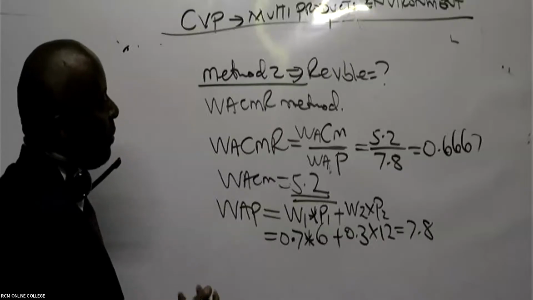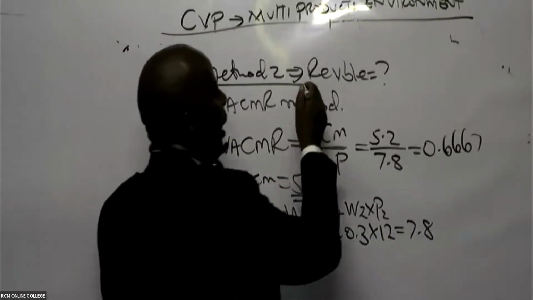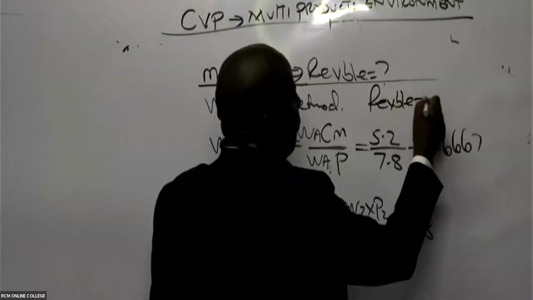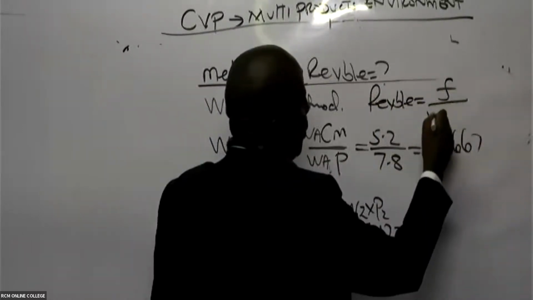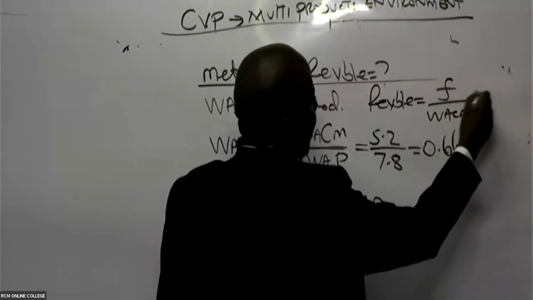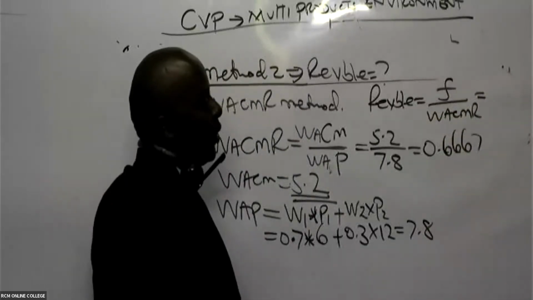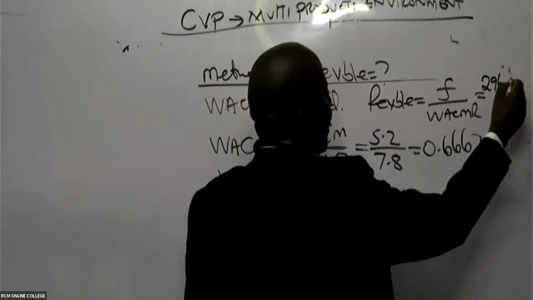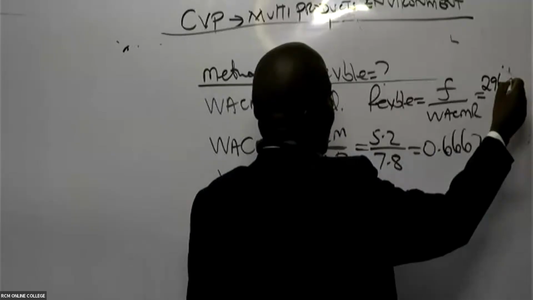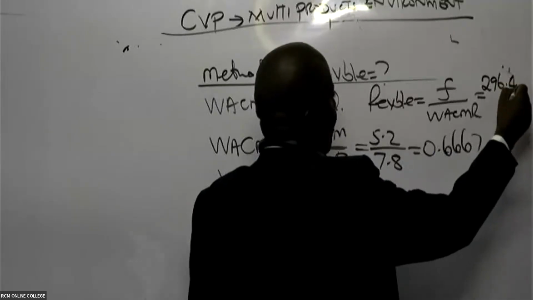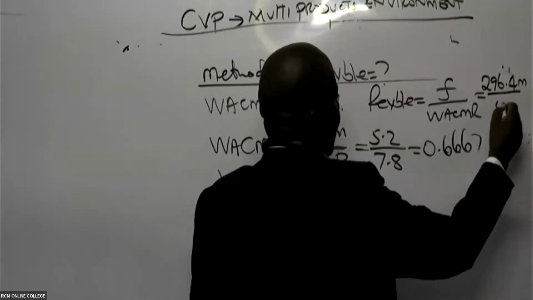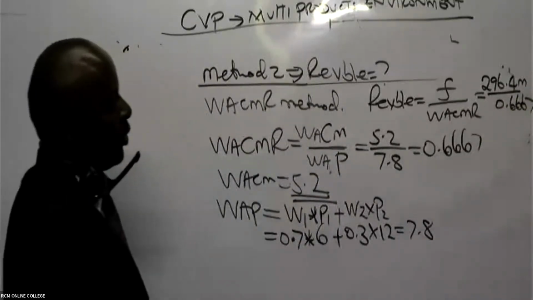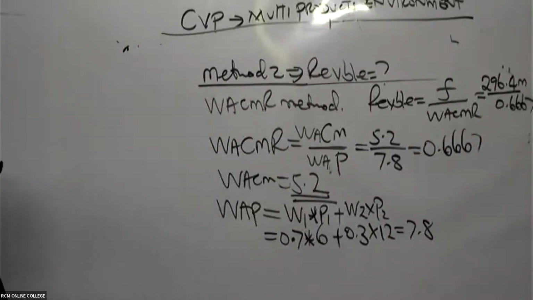So then can you kindly remind Mwalimu the formula of getting revenue break even in a situation where we have multiple products? It will be fixed cost divided by WACMR. Are you able to remember our total fixed cost? Oh yes, it was 296.4 million, all over the big figure that is on your calculator.